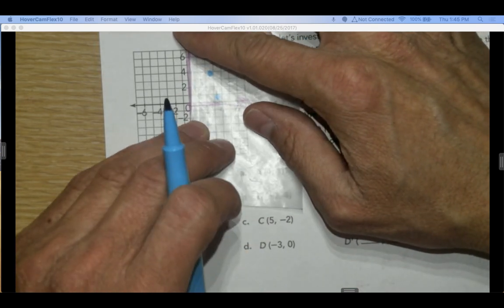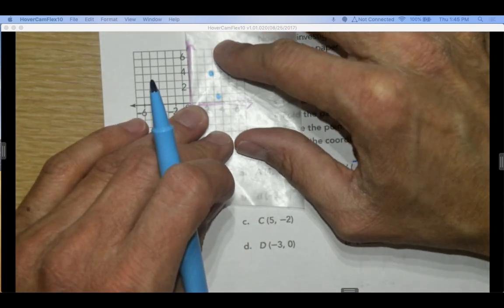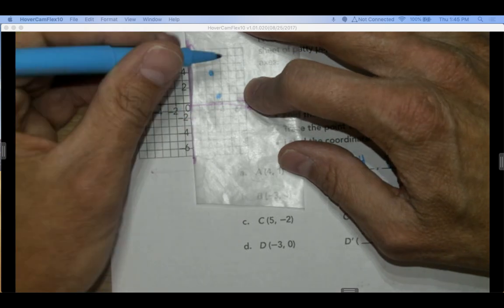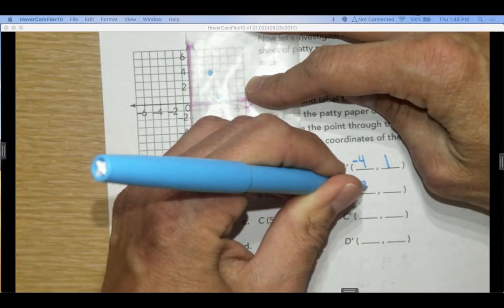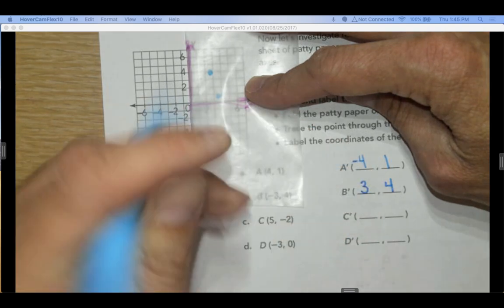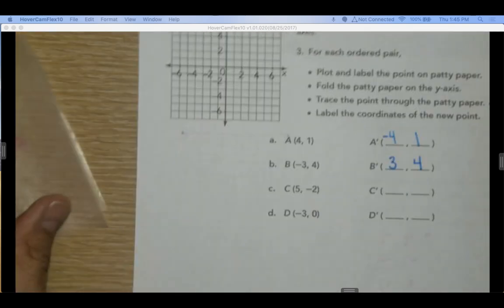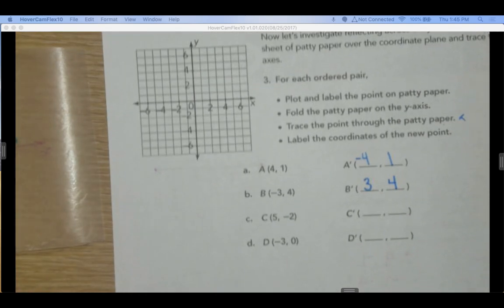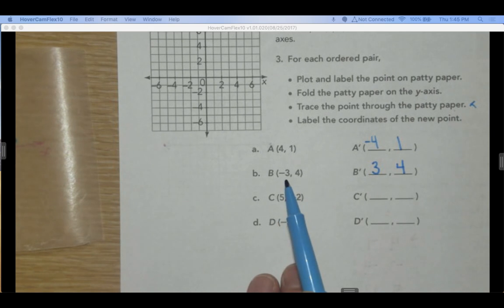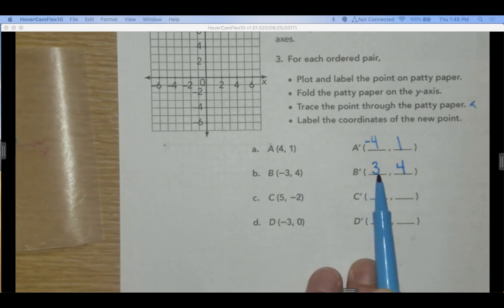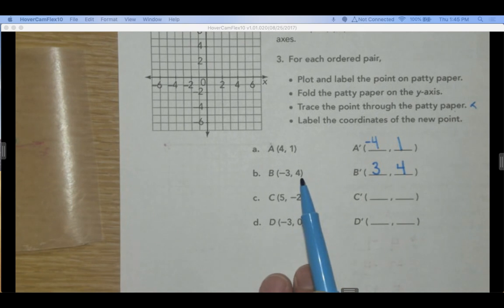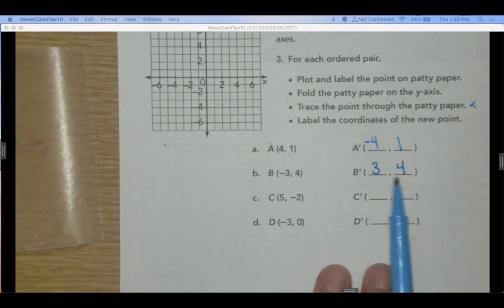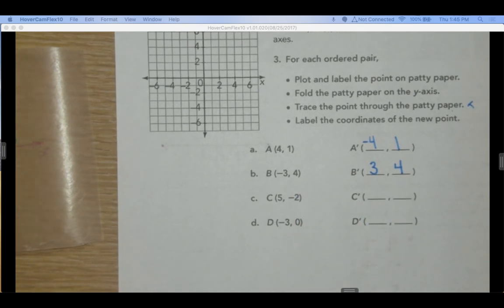Once I do that, I can see that I am now at +3 and 4. So again, the x-coordinate switched from a negative to a positive. The y-coordinate stayed the same. It stayed as a positive. It stayed exactly the same.